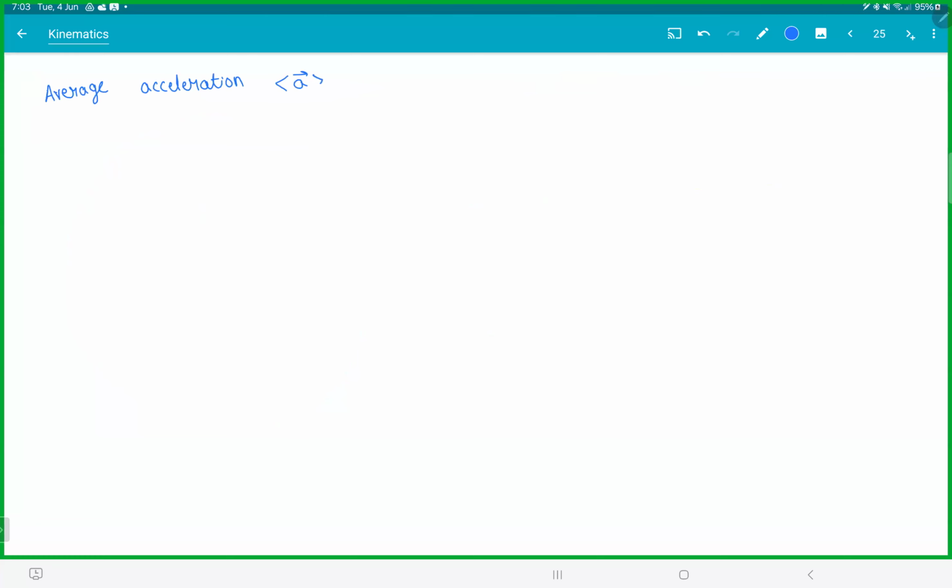This is the symbol for acceleration, which is given by change in velocity by time. So basically, this is delta V bar by delta T, which is simply V final minus V initial by time.